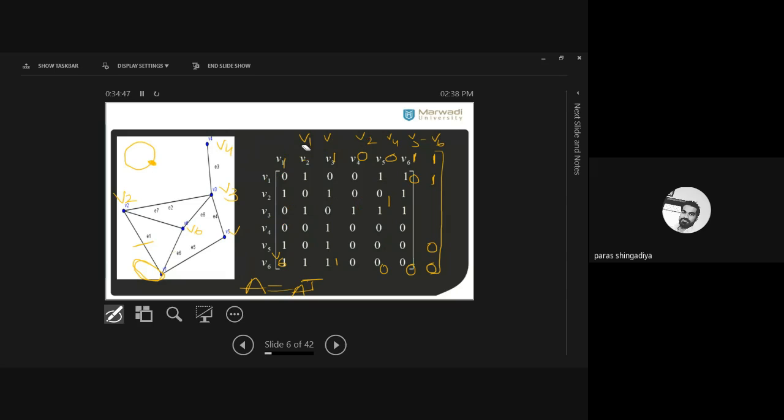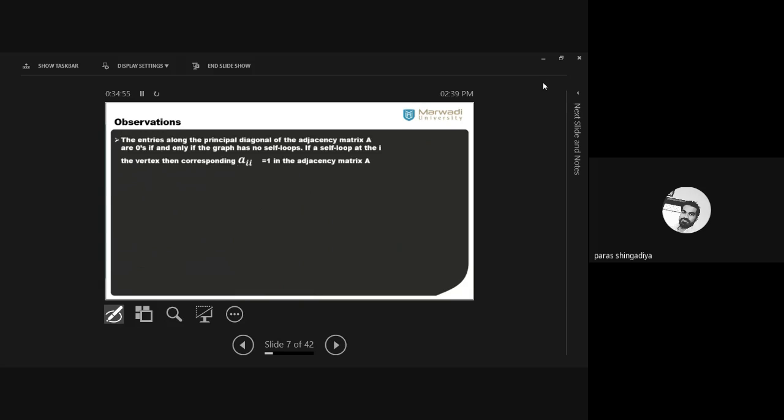Let's remove first. The answer is already given. We'll derive some observations based on this evaluation. The first observation is that the entries along the principal diagonal of the matrix A are 0 if and only if the graph has no self loop.